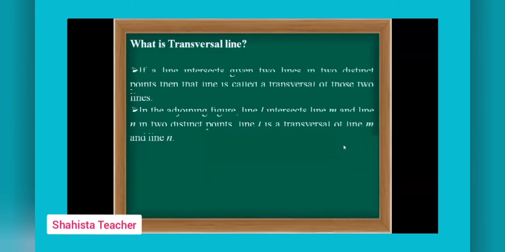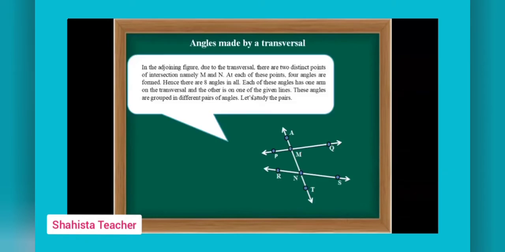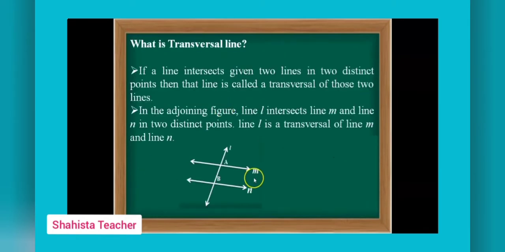Now here, a transversal line is not parallel. When one line intersects two parallel lines, that line does not remain parallel; it becomes a transversal line. Why? Because line L intersects line M and line N. So line L is known as a transversal line.